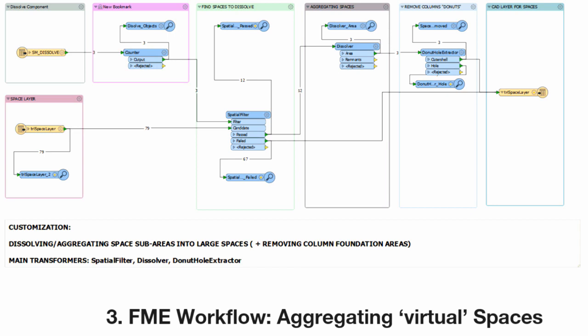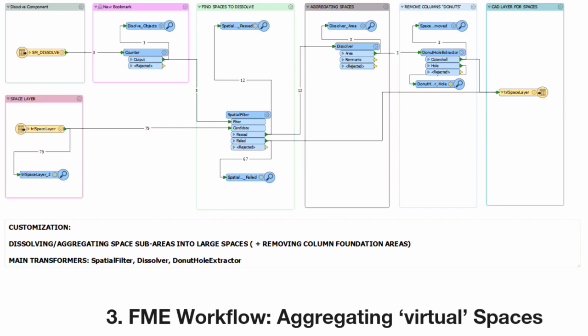So here's sort of a process to dissolve the different components, create bookmarks, define the spaces to dissolve, and then aggregate those spaces and remove the donut holes.